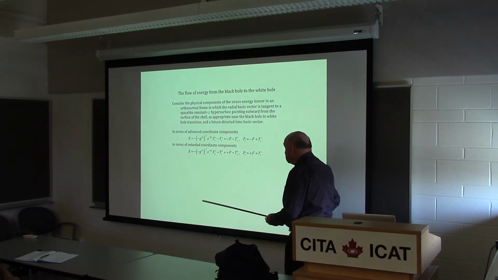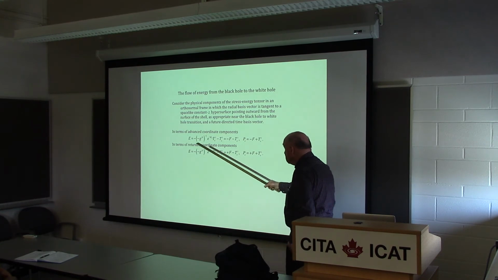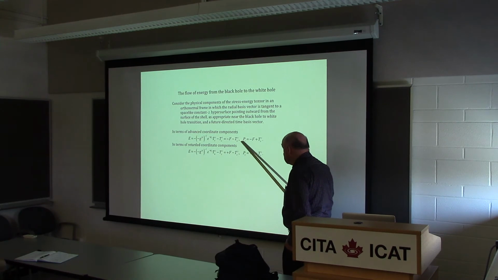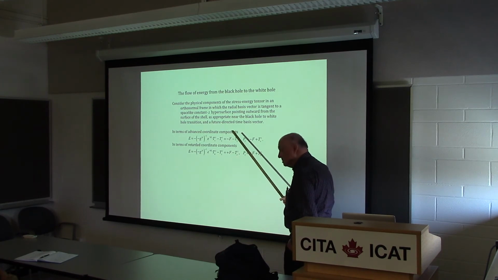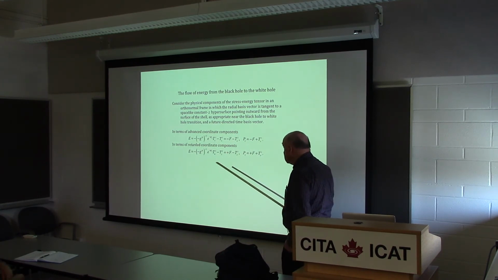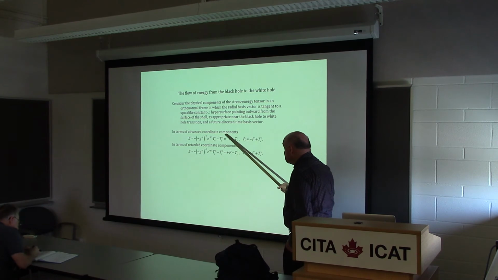Okay, so now you can express the energy density E, the energy flux F, and the radial stress B sub r in terms of the coordinate components that we talked about previously. And in advanced coordinate components, we get this.